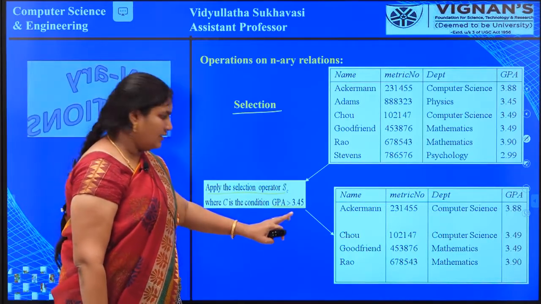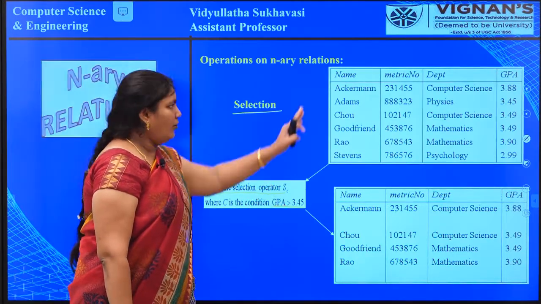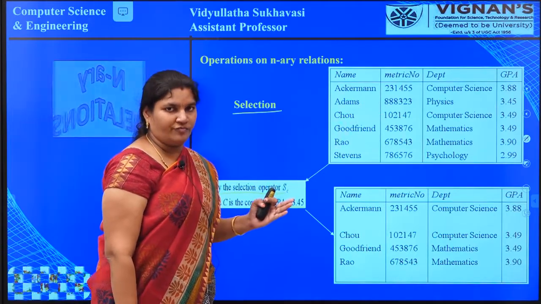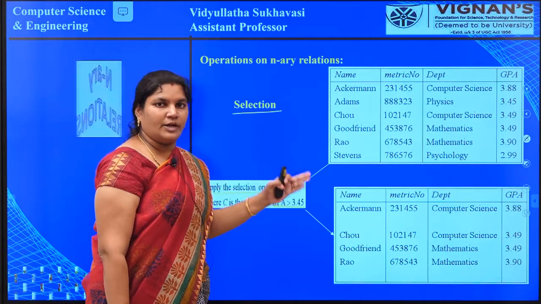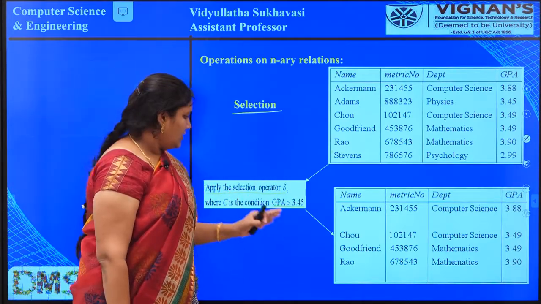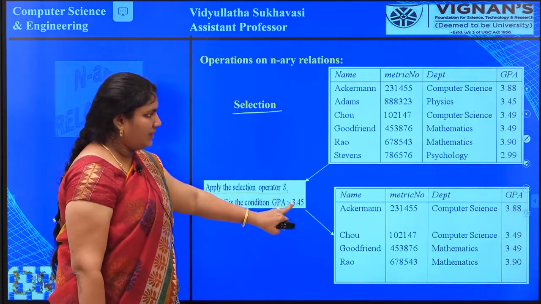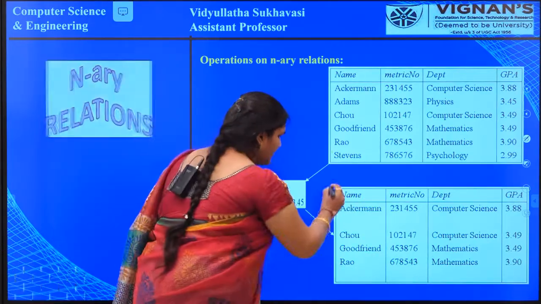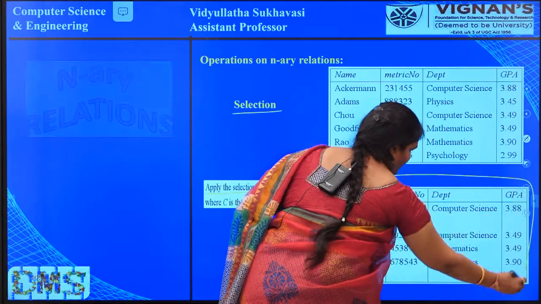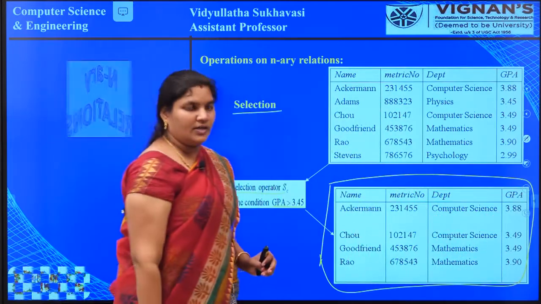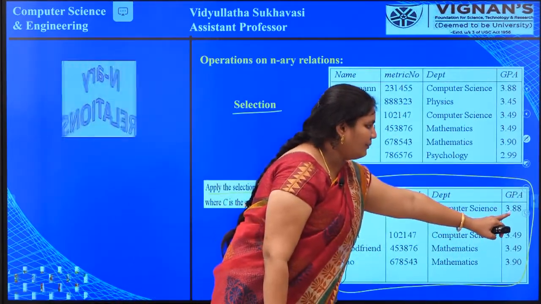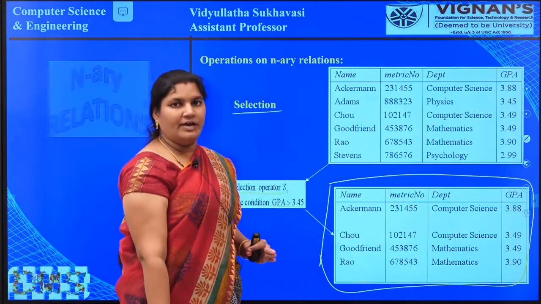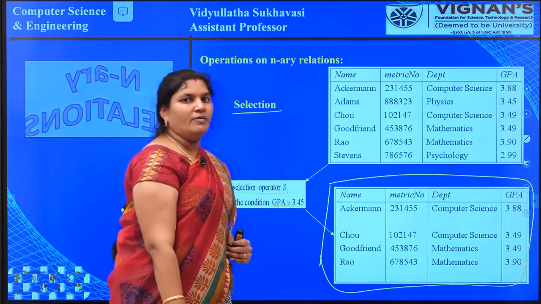Whoever has a GPA more than 3.45, only those records will be retrieved. This is the output for the selection operation.